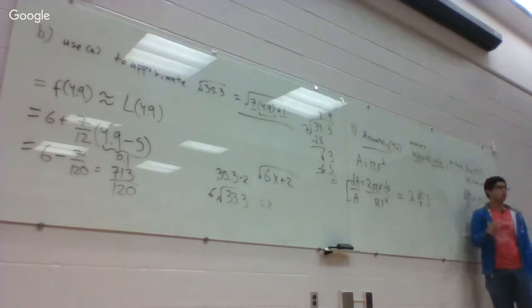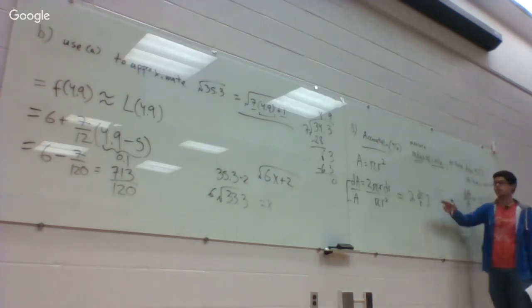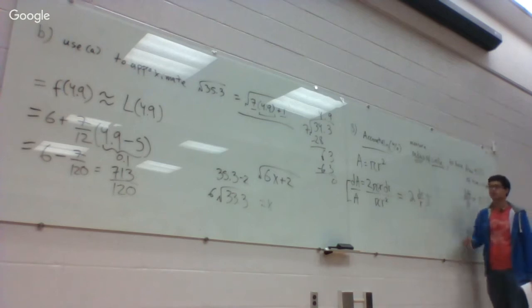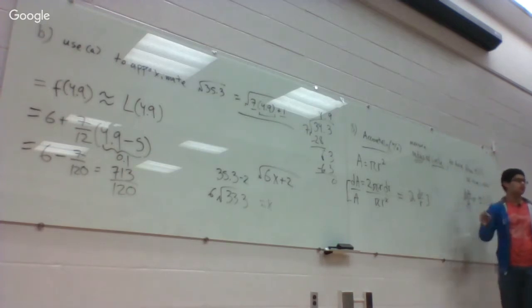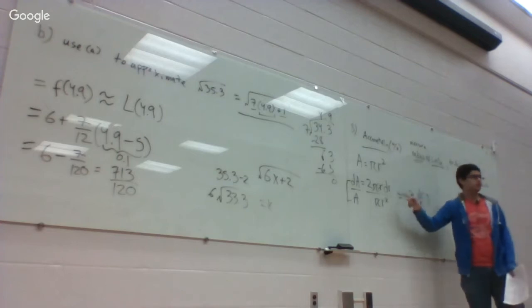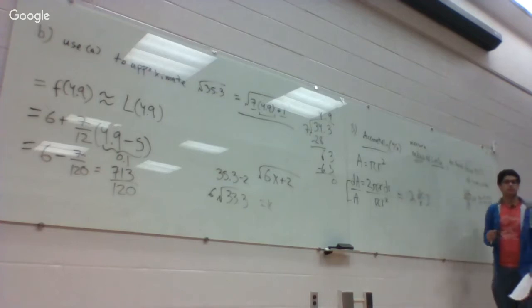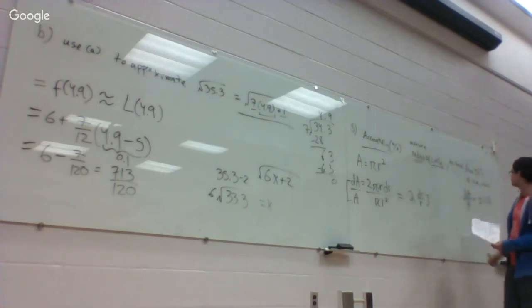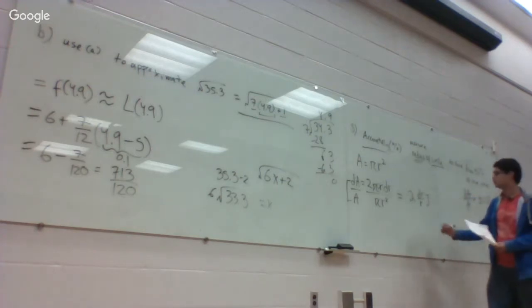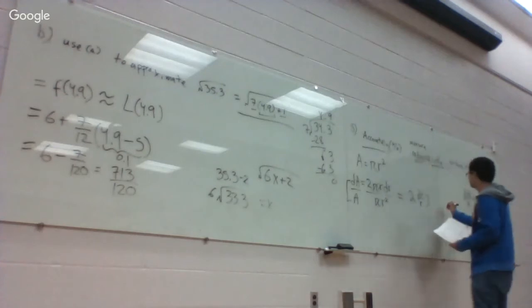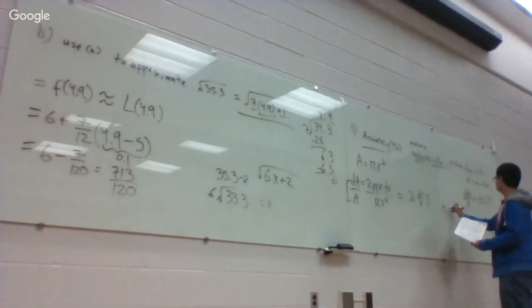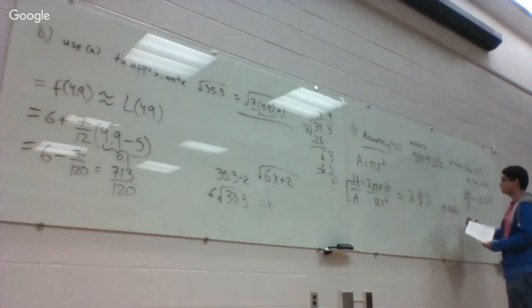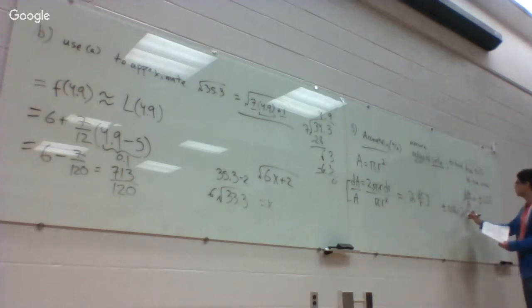So on your problem, if you have simplified it right, you'll get variables with the derivative over that. Okay? So it will work out. If it doesn't, that means you probably messed up in this step here. So we know what dA is. Plus or minus 0.06 is equal to 2 dr over r.